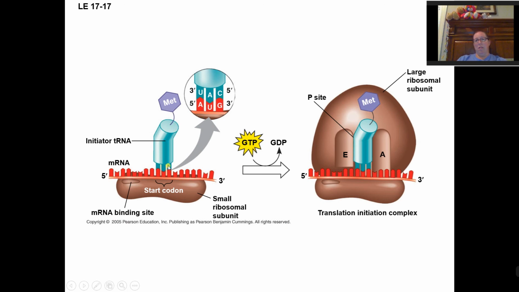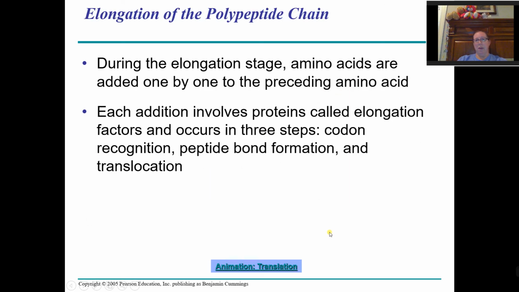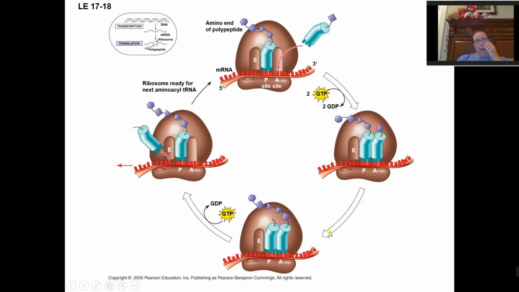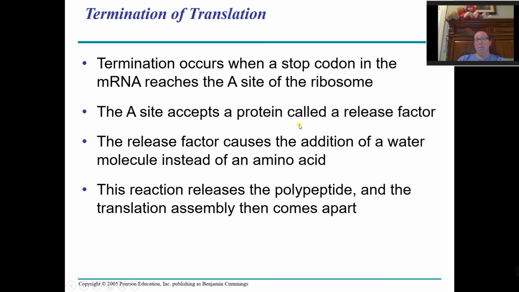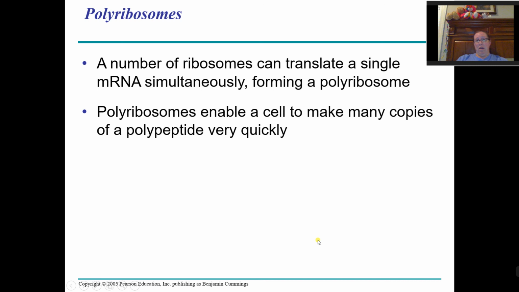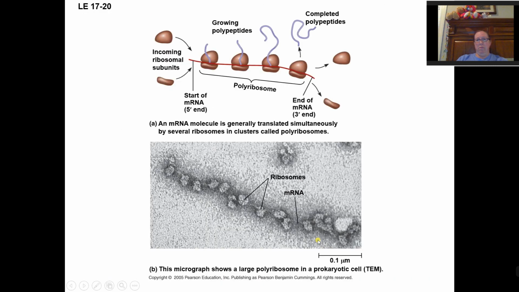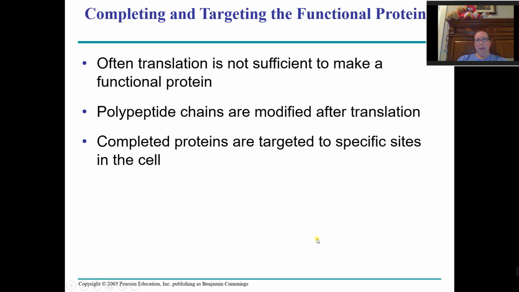It sees it and says, okay, great, MET, and then it keeps going. Here's a good picture of it. It just keeps on going until it reaches a stop, right? When it finds a stop, it's done. And here's some other pictures of what they look like.